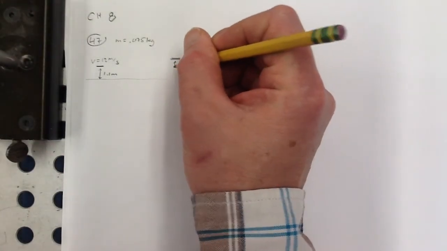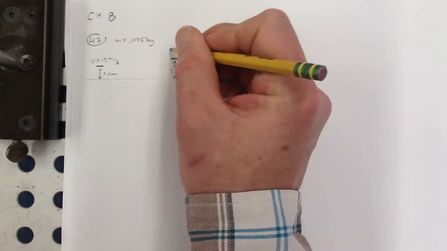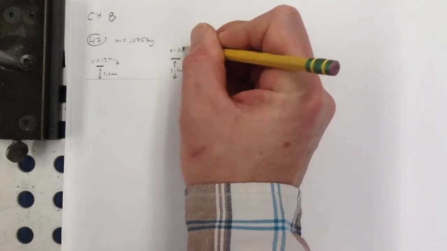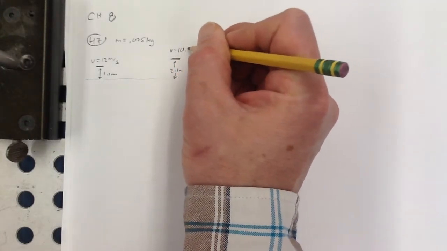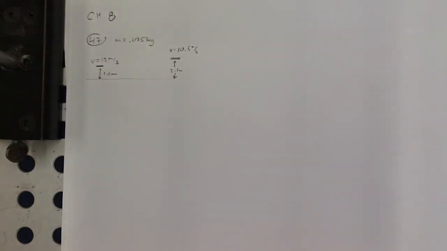That doesn't make sense. Height of 2.1 meters, sorry. Then it's going 10 and a half meters per second. What's the reduction in mechanical energy of the Frisbee Earth system because of air drag?